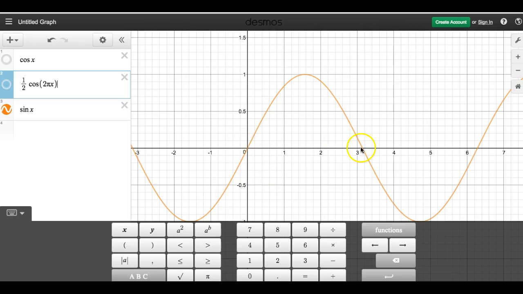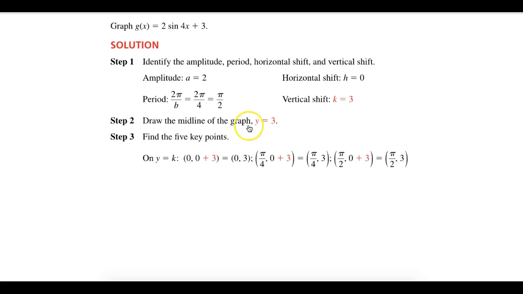Our minimum is going to be at 3/4 of our period. So 3/4 times pi over 2 gives us 3 pi over 8. And then our minimum is at -2, but again, because we're shifting up 3, we're going to be at 3 pi over 8 and 1. So what I want to do is I'm going to show you what this graph looks like in Desmos.